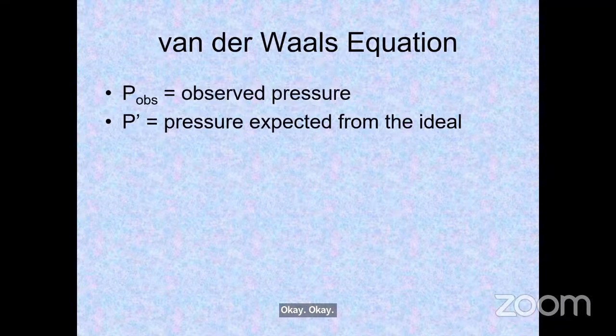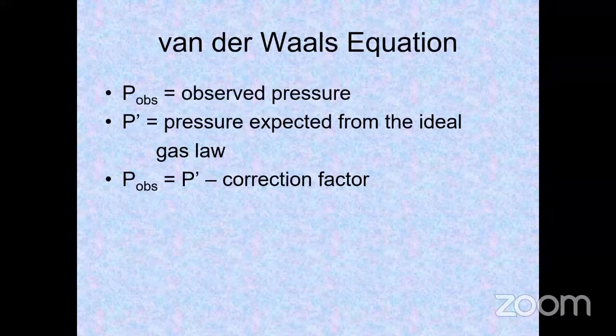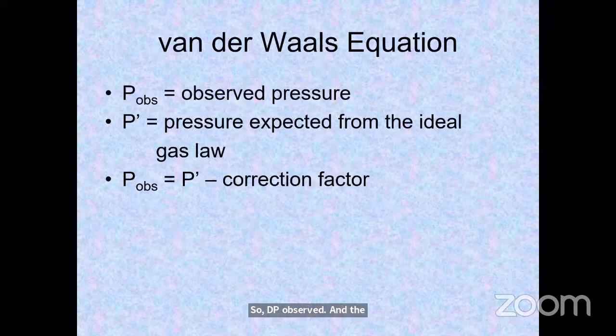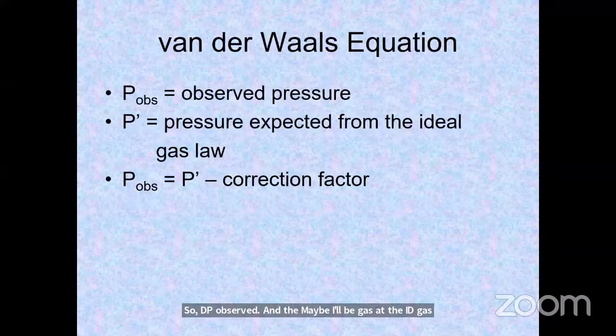So this is what we have: the P observed and a correction factor. The P of the ideal gas minus a correction factor will give us the P observed. The P observed is that of the real gas.